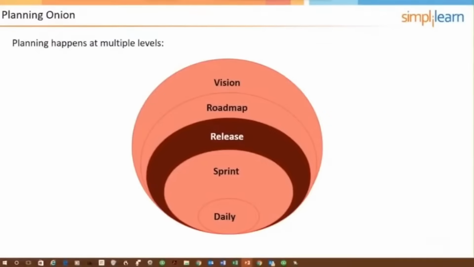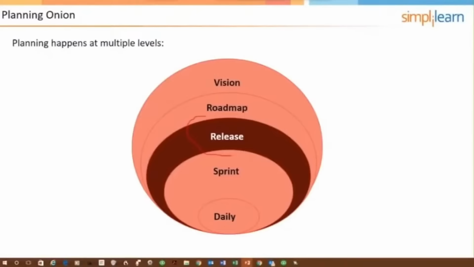So for my project, I have 3 releases. So all of the user stories needed for the free version are in release 1. All of the additional user stories that are needed for the paid version, the subscriber version, and then also for version 3, those are all releases, 3 releases.